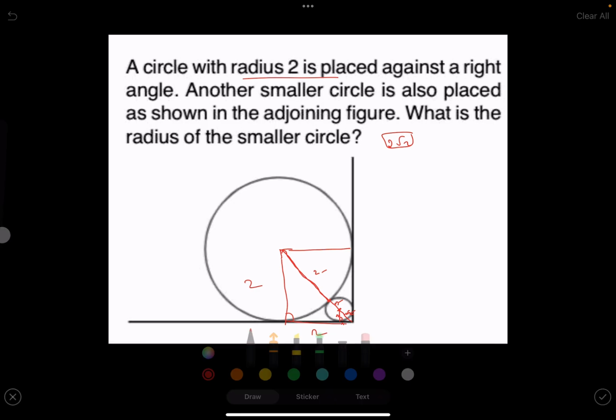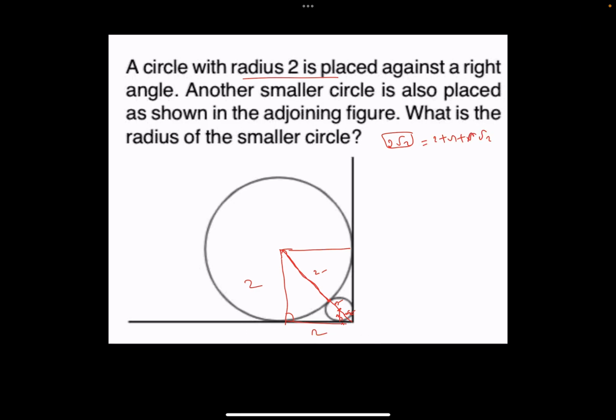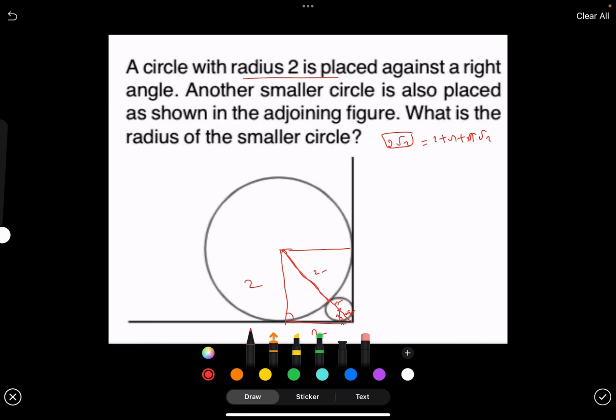So this will be 2 plus r root 2, and we know that this is equal to 2 root 2, right? So now let's just solve this. 2 root 2 minus 2 equals r times (1 plus root 2), or root 2 plus 1, because you have to rationalize.